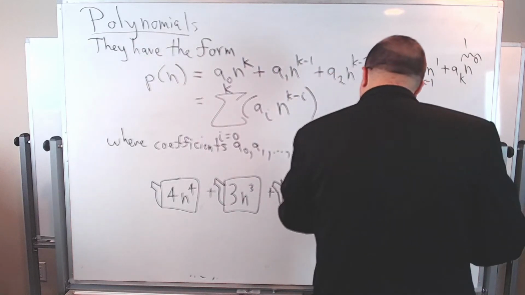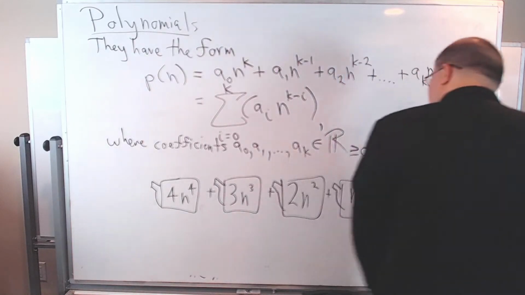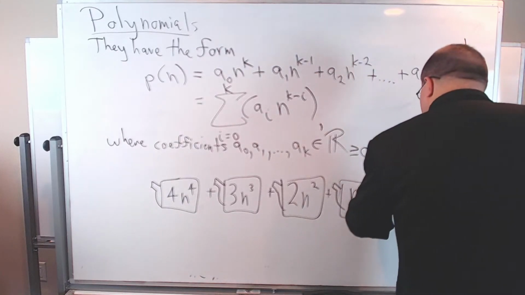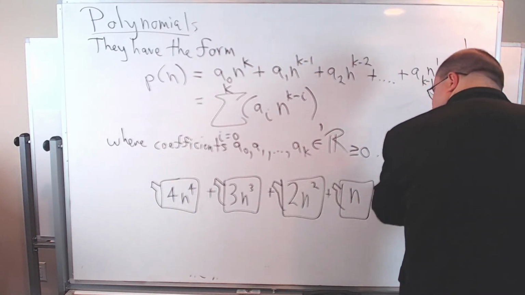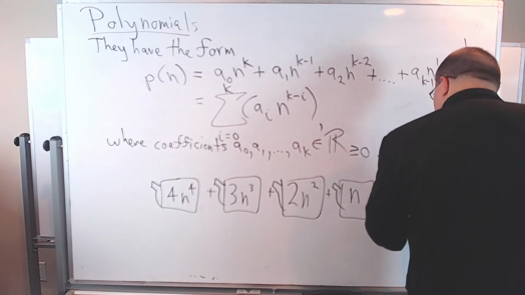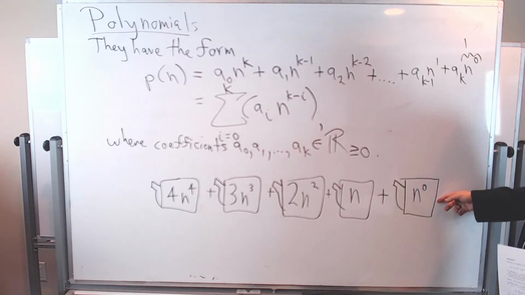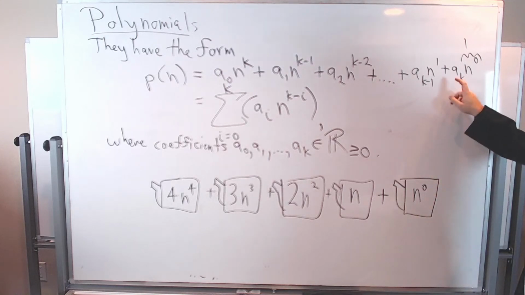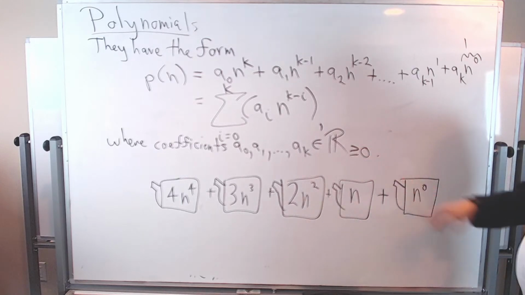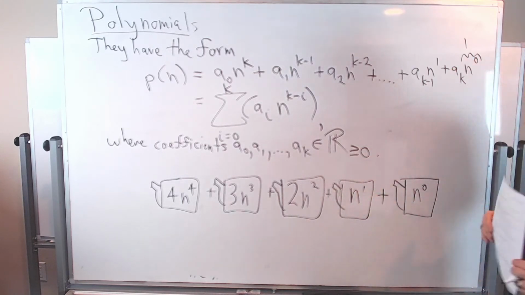Now, I'm going to include another switch over here. It's going to represent the power that I didn't include that looks like our polynomial here. So notice that I have 4, 3, 2, 1, and 0.